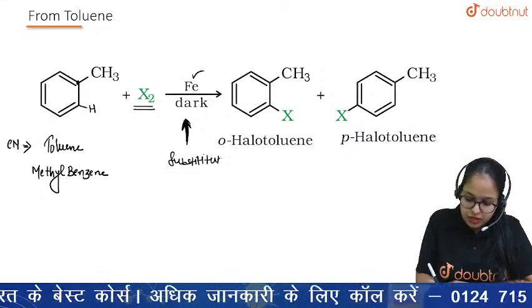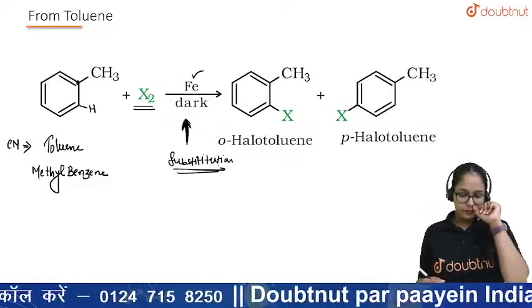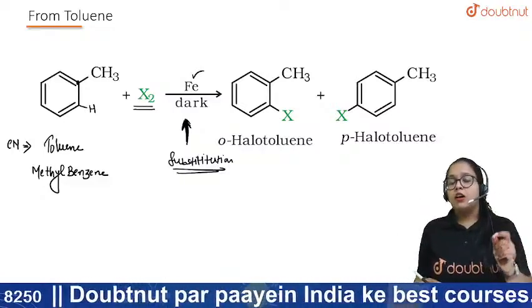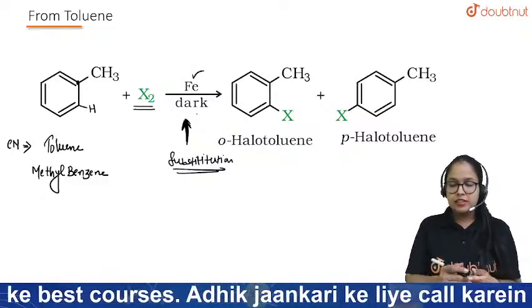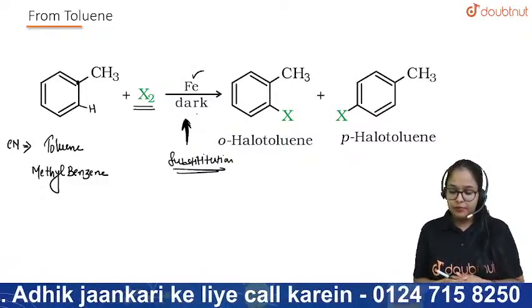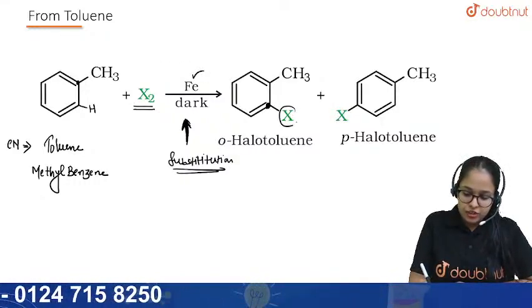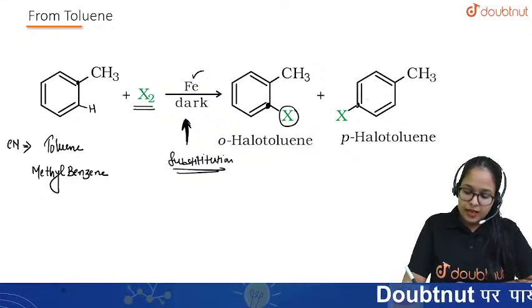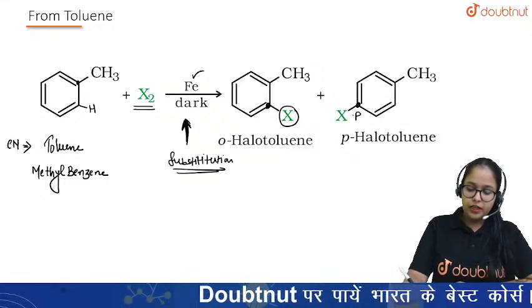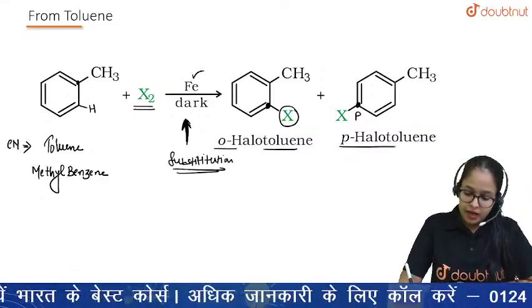In toluene, add X2 plus iron, which acts as a catalyst, in the dark. The reaction happens and you get the halogen attached at the ortho position of the methyl group as well as the para position. You get ortho halotoluene and para halotoluene.